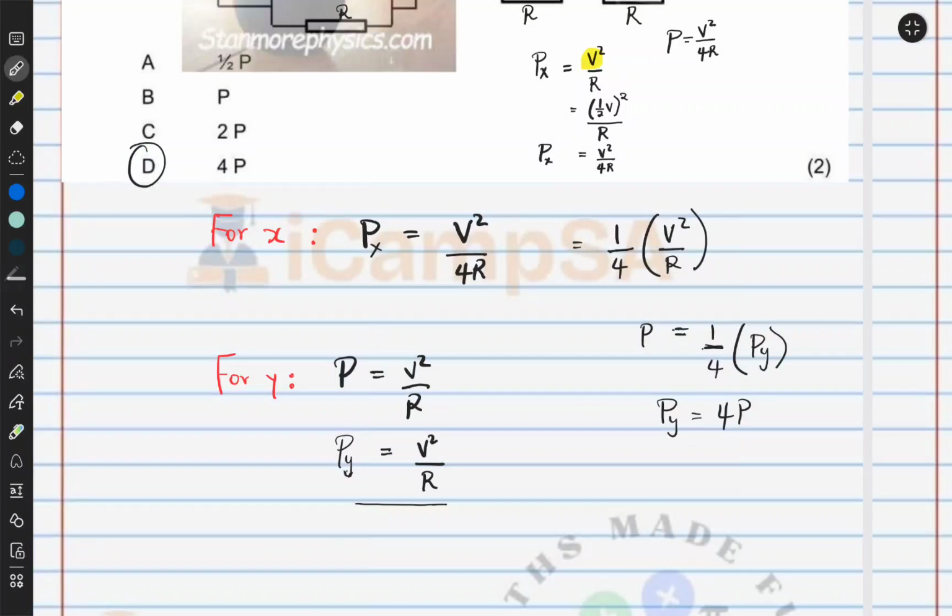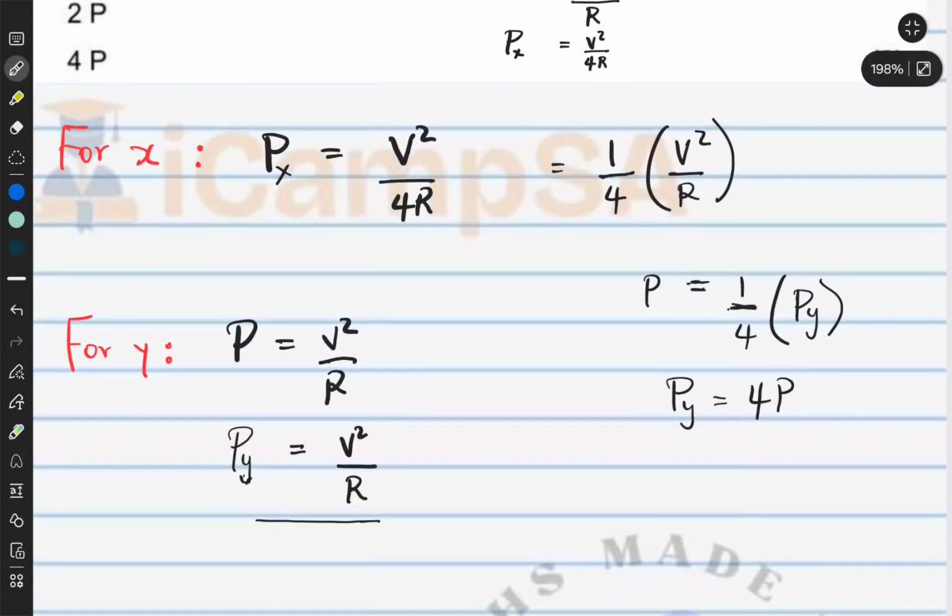On the other hand, you didn't necessarily have to substitute. You would be able to see that if V squared over R represents our power P, and Py is simply V squared over R, while Px is 1/4 of that, it means Py has to be 4 times, because we would have to multiply this by 4 before you can get a simple V squared over R, because the 4 would cancel that 4.